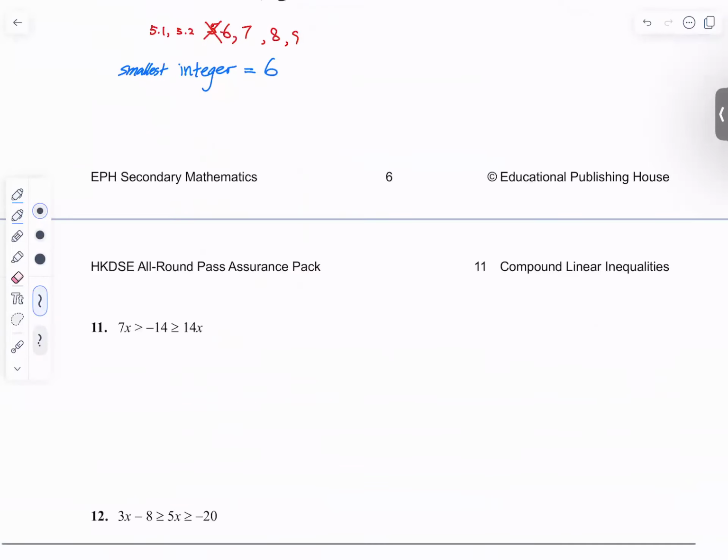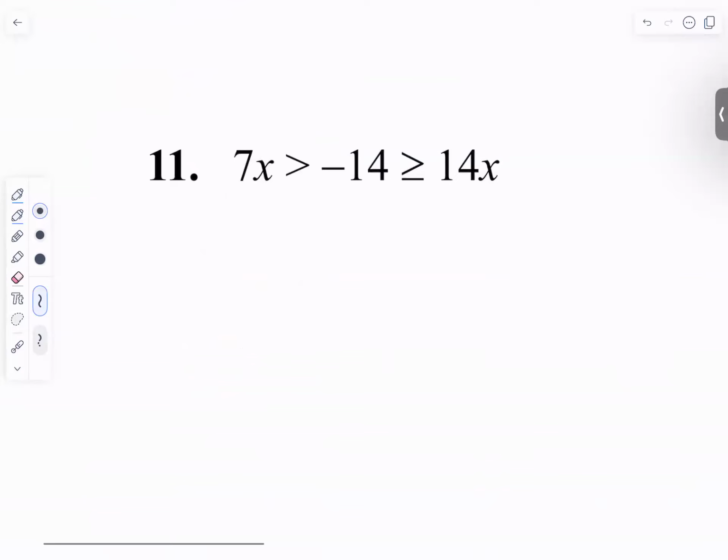Recording again. So same for here, all the unknowns on the left side, numbers on the other side. We have 2 different equations now, right? So you will have to be careful as well.